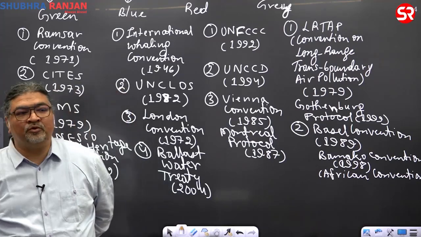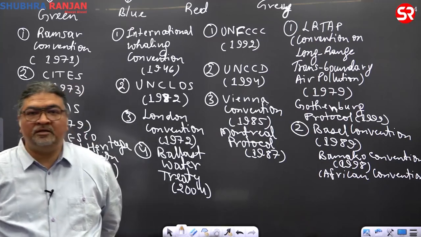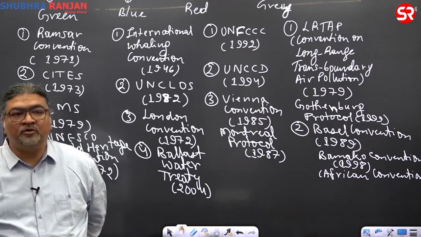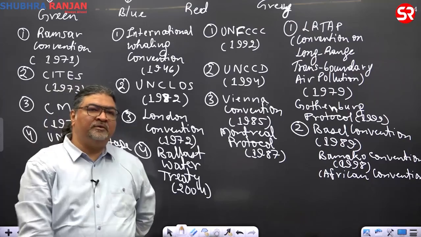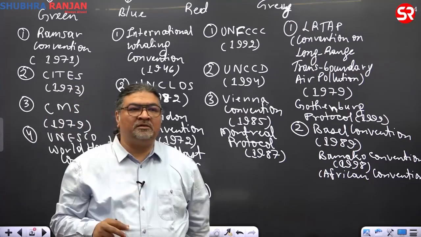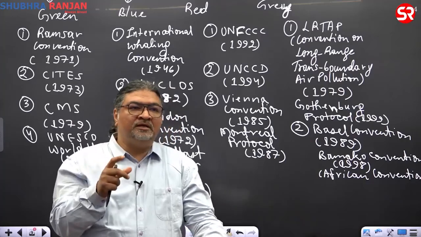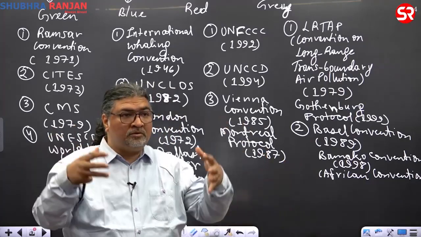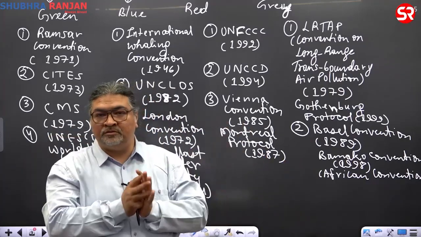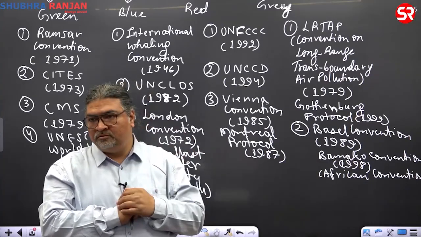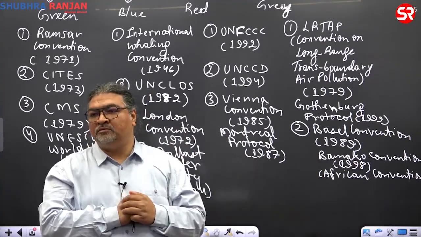Although the article will not be asked, just to give you an idea, the Basel Convention has one article called Article 11. It says that if governments want to have any regional cooperation to control any kind of waste, they can do it. That's why this Bamako was brought.